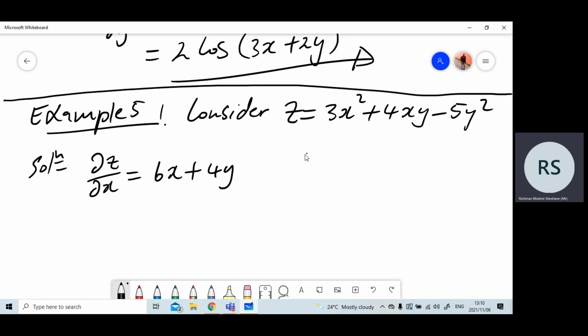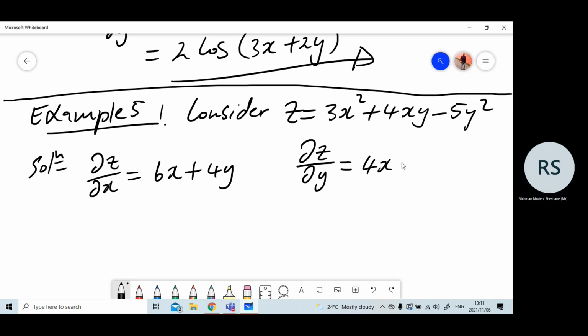There's another first partial derivative with respect to y. So when we derive this function with respect to y, the derivative of the first term is 0 because x is a constant. And the derivative of the second term is 4x. And the derivative of the third term is minus 10y.